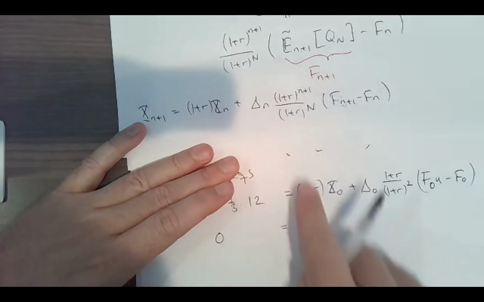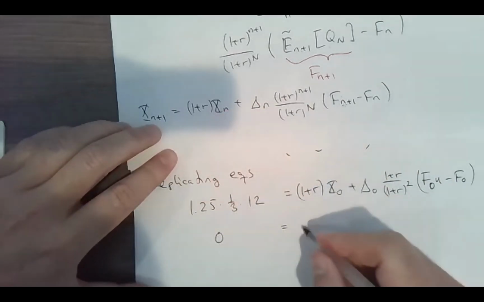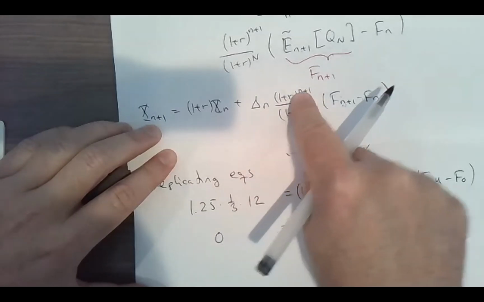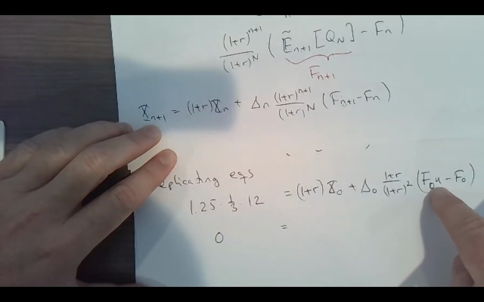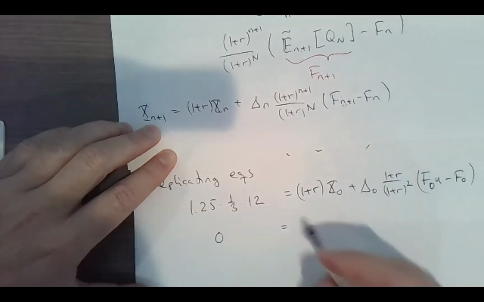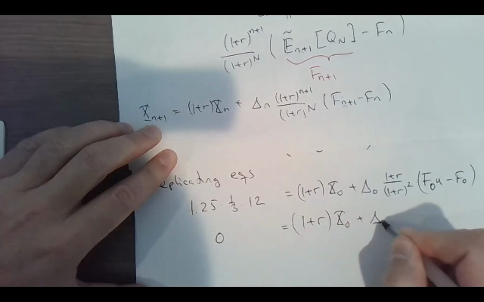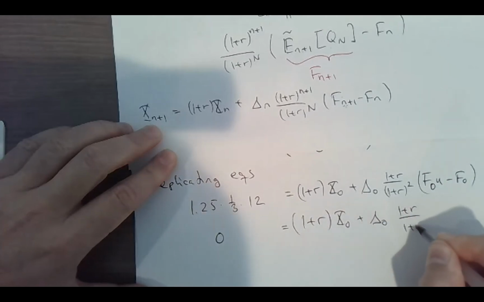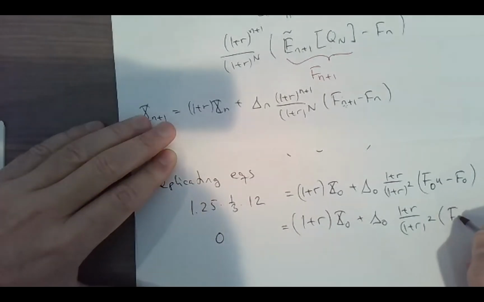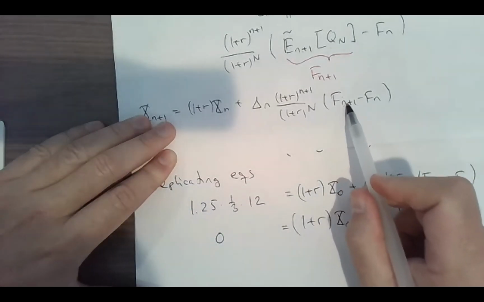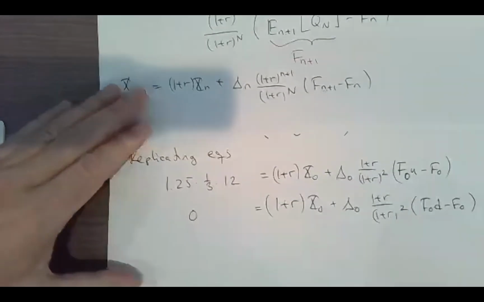N is equal to, I keep saying 1, n is equal to 0. So 0 here, 0 there, 0, and then it'll be 1. So let's say 1 in the up state, and yep, that's good. And then you get 1 plus r, x0 plus delta 0, 1 plus r, divided by 1 plus r squared. And then instead of a u here, you need to put a d, and then you get this.